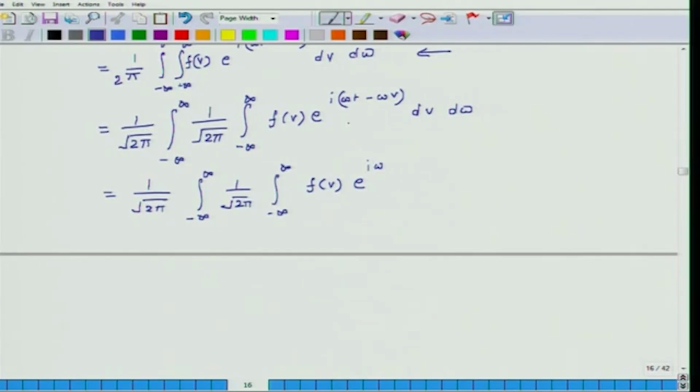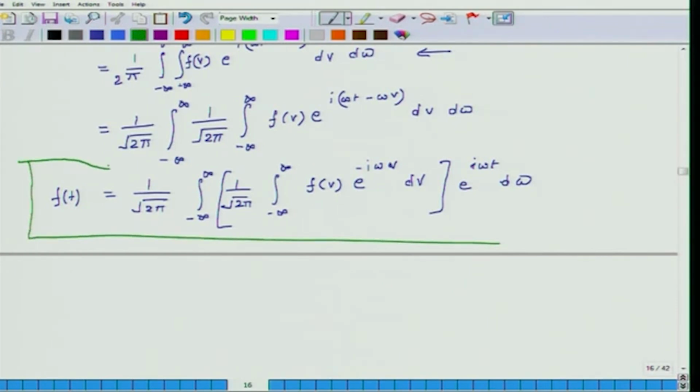So e to the power of i omega t and e to the power of minus i omega v, dv, and then e to the power of i omega t, d omega. So this is the Fourier transform.